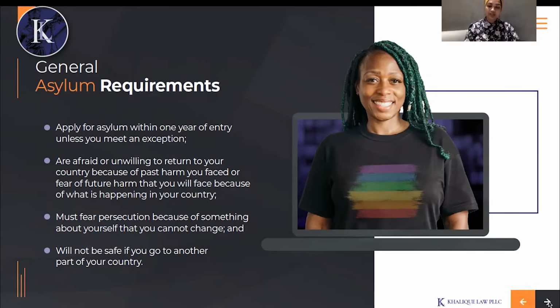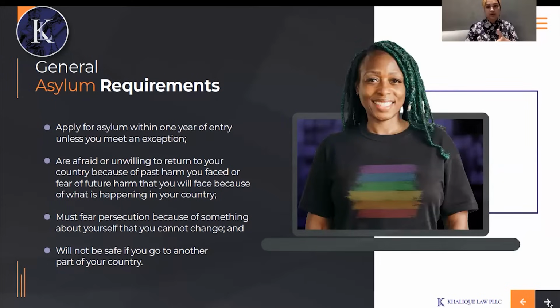But generally, the recommendation is once you're here in the United States, you have to apply within one year, or if you're in a legitimate status, you have to apply within one year of that status ending. We already discussed the fact that you have to be afraid and unwilling to return to your country because of past harm you faced or future harm.